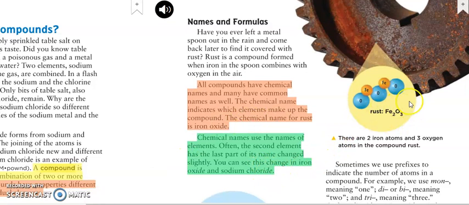Okay, and the chemical formula for rust is Fe2O3. Here the Fe represents the iron and O represents the oxygen. So I need two atoms of iron and three atoms of oxygen for the rust compound.